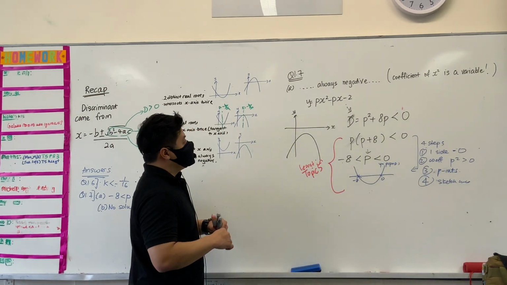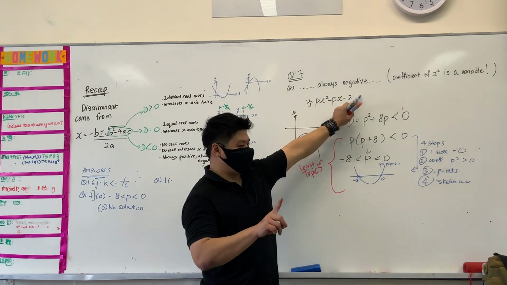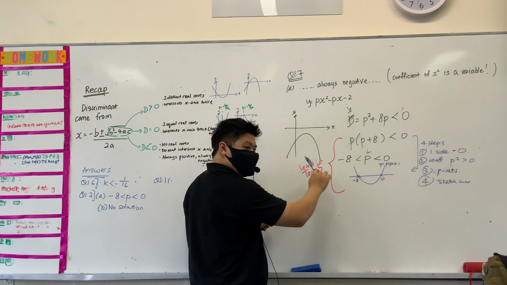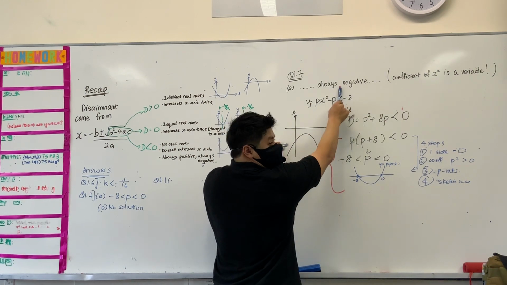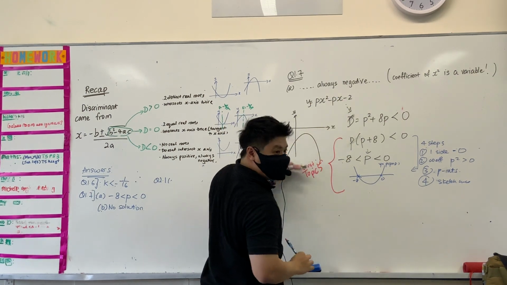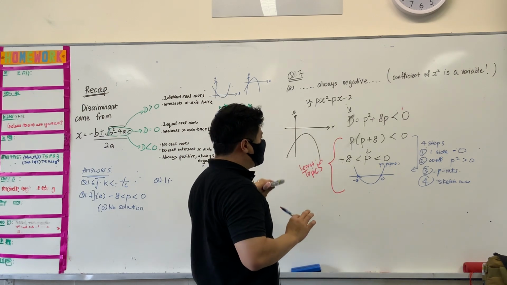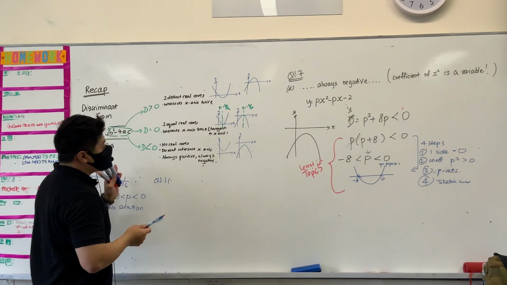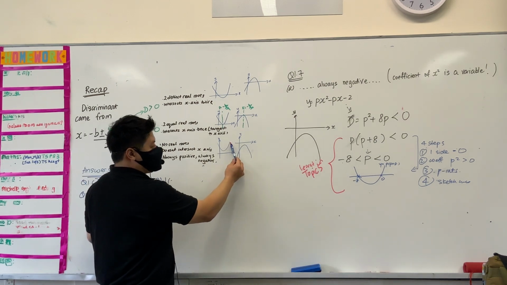So if it's always negative, that means can I say the graph is always underneath? Because the y value is always negative. Here, this part, the y value is negative. So you can see that basically there's no intersection of the x-axis.